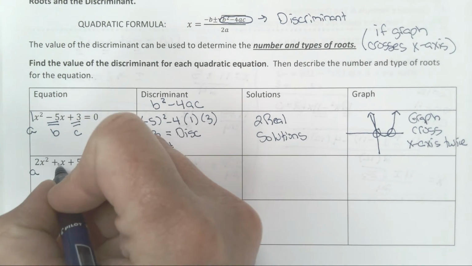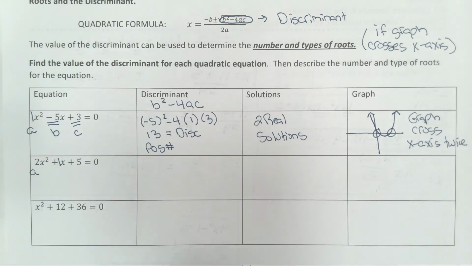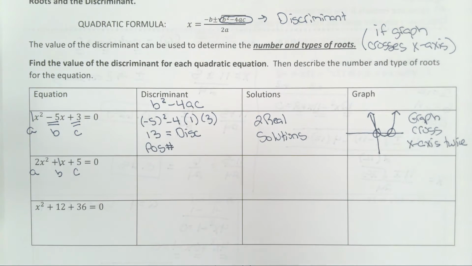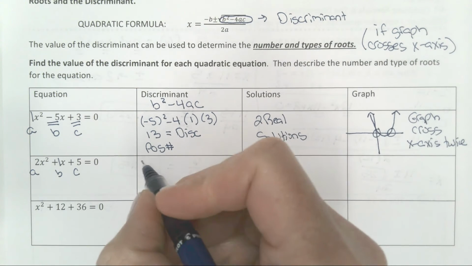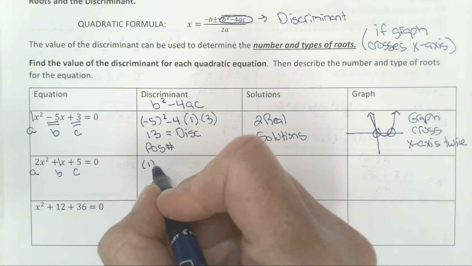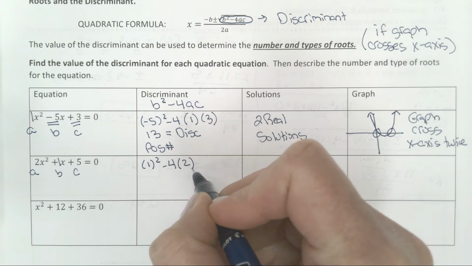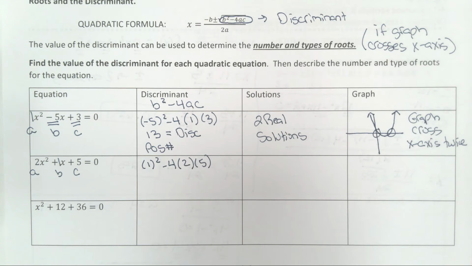So A is 2. There's an invisible 1 in front of x, so B is 1, and C is 5. Find the discriminant. So we have B squared, so I have 1 squared, minus 4, A is 2, and C is 5.